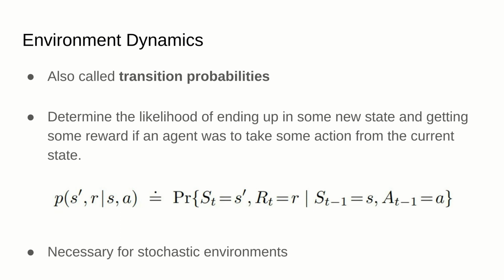In deterministic environments, taking the same action from the same state will always put you in the same new state with the corresponding reward. The reason that we use transition probabilities is because in stochastic environments, you could take the same action from the same state multiple times and end up in a different subsequent state each time with some different probability.